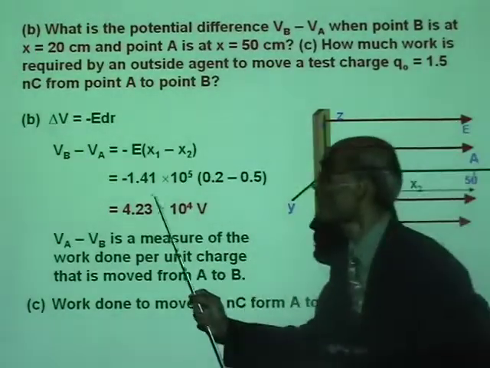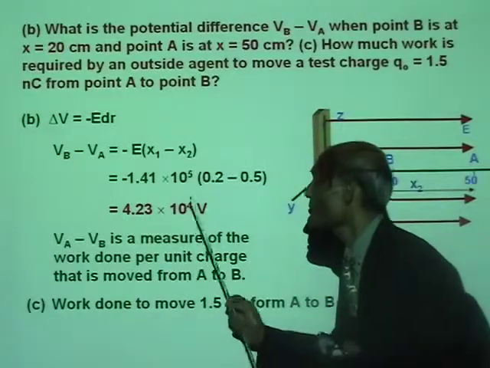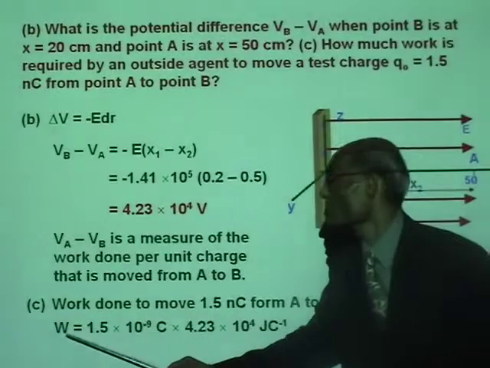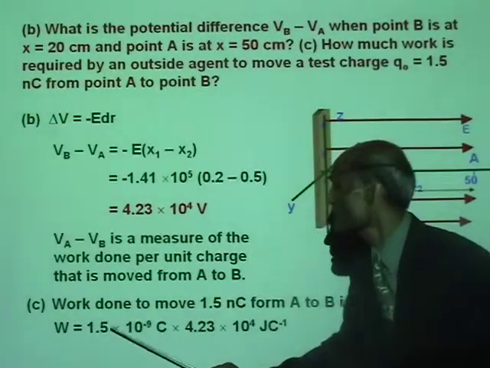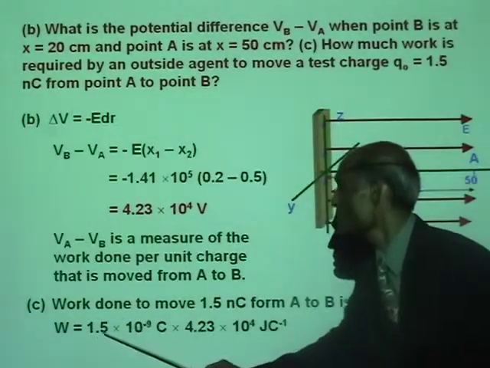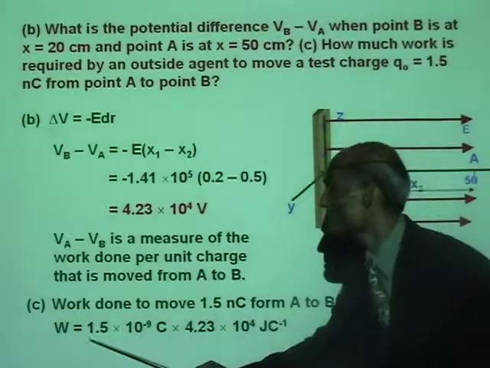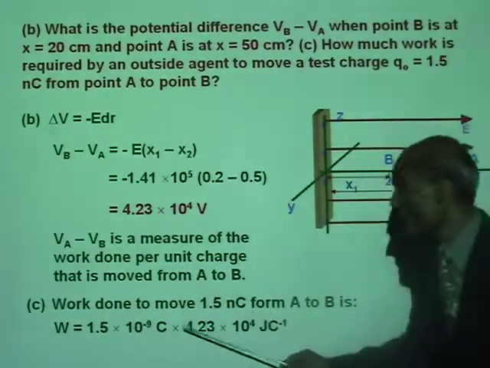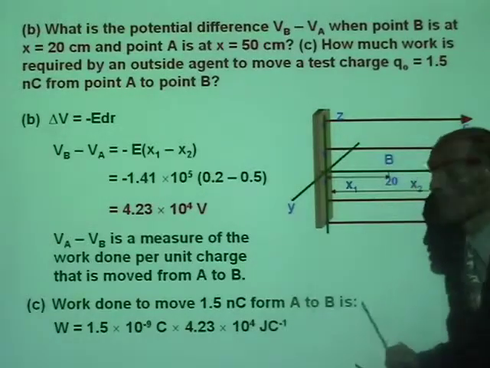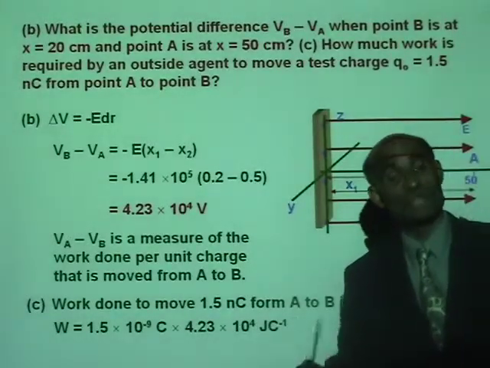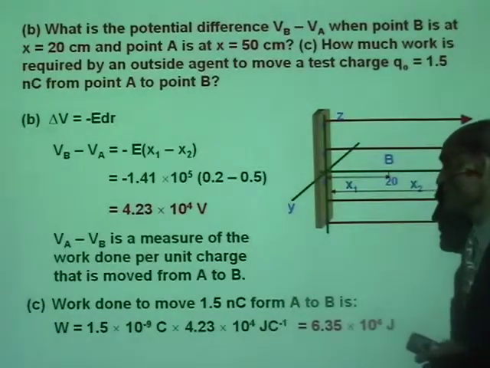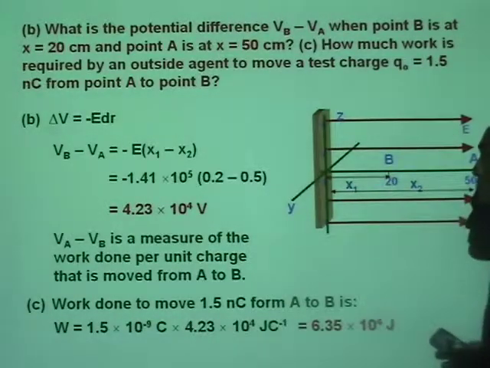It will be work done per unit charge multiplied by the amount of charge. So the total work done is the amount of charge, which is 1.5 times 10 to the negative 9 coulomb, times the potential difference, which is the work done per unit charge, and that will be 6.35 times 10 to the 4 joules.